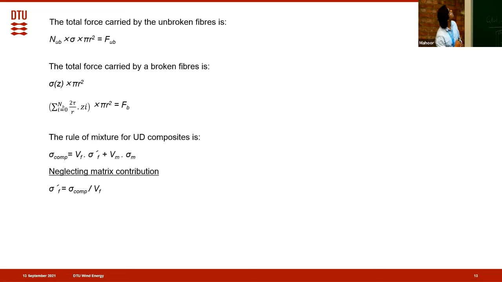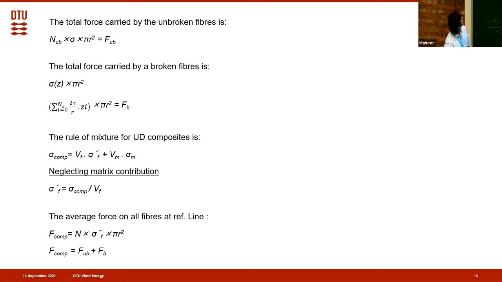The stress in the composite can be represented by the rule of mixture as this, and he is neglecting the matrix contribution, only taking the contribution of fibers. So the average force by all the fibers on the reference line, the force taken by the unbroken and broken fibers, can be represented as a sum here.